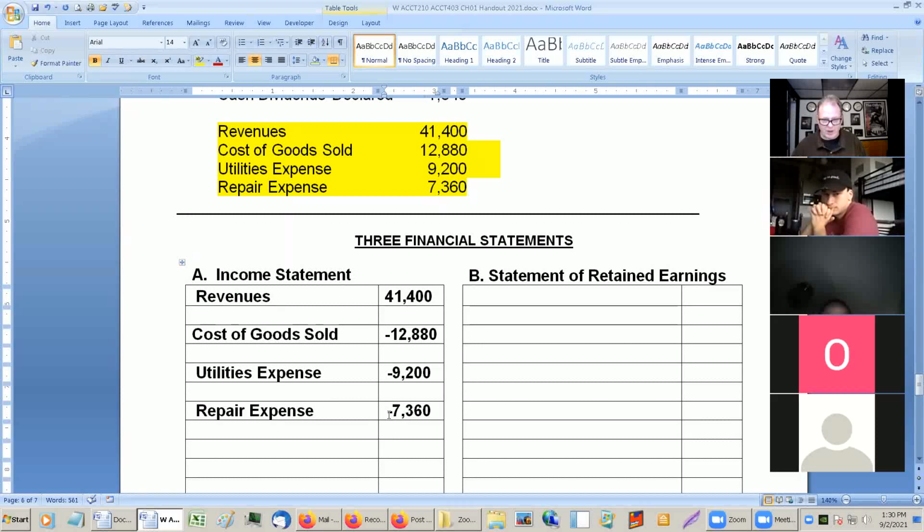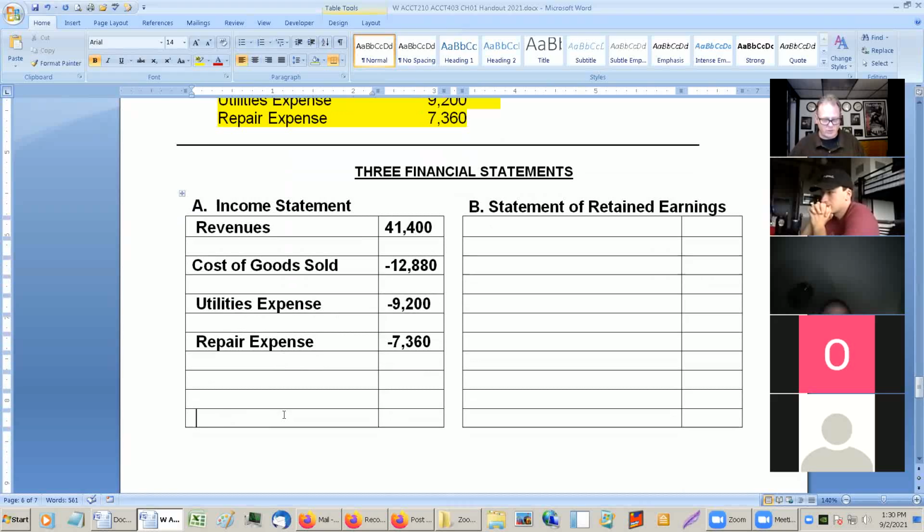So these are, well, these two are money going out, and this one is goods that people have left with, after they paid us, hopefully.